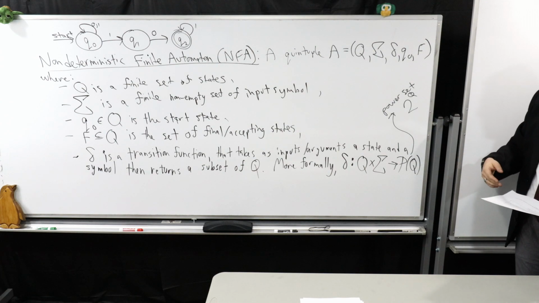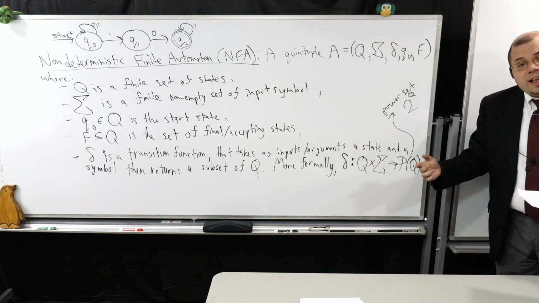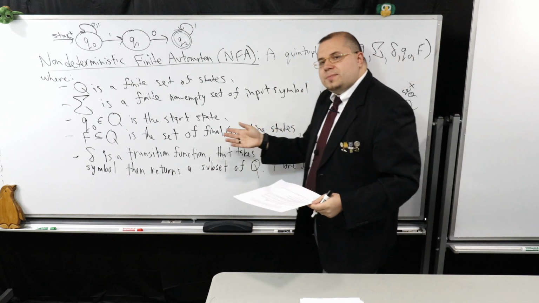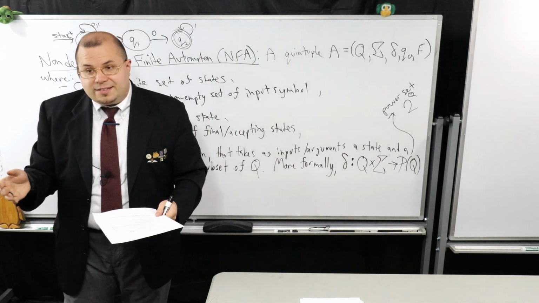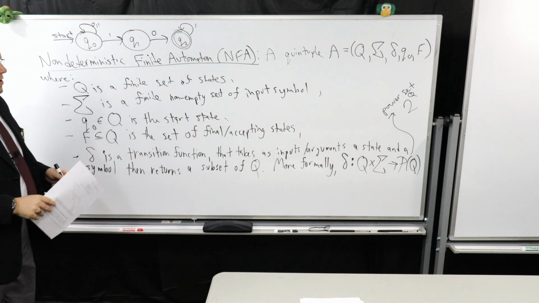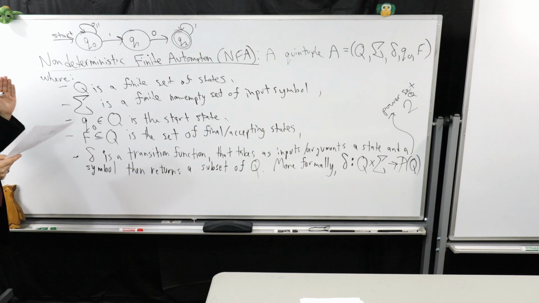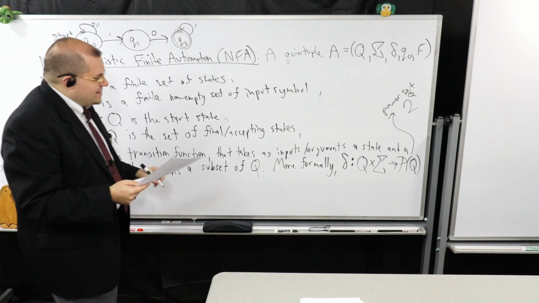Like I said, it's going to give you back a subset of Q. All possible subsets of Q is the power set of Q. So that's what delta is.